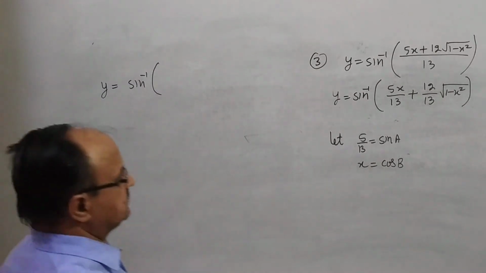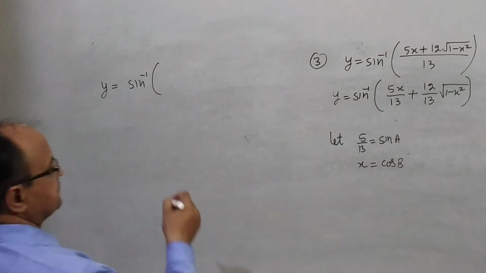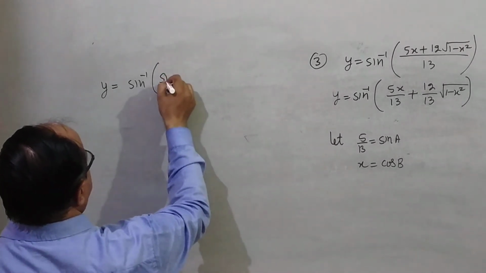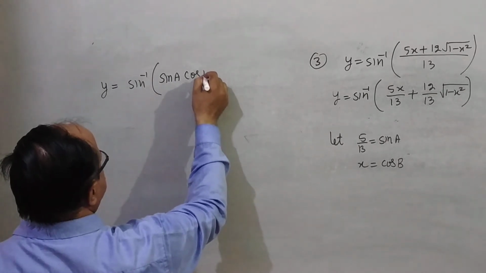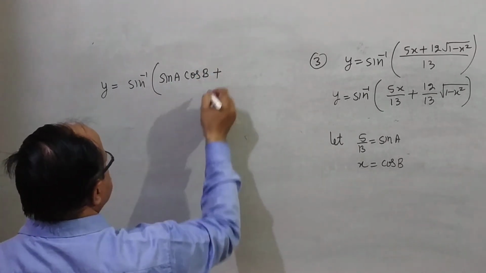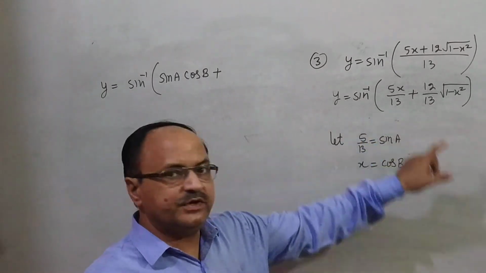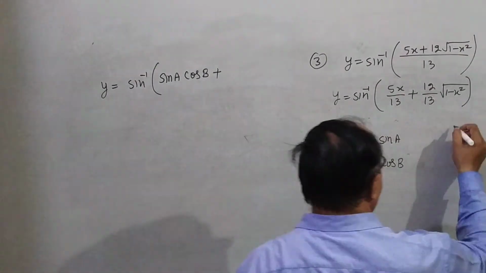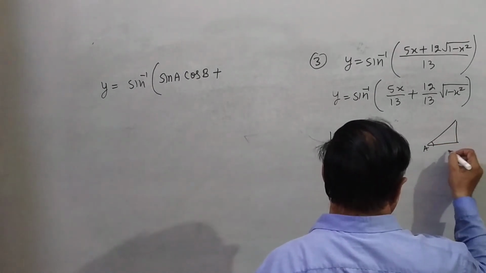In place of 5 by 13, you can write sin A, and in place of x you can write cos B, plus, you know that if sin A is equal to 5 by 13, can you tell me 12 by 13 according to the triangle A?